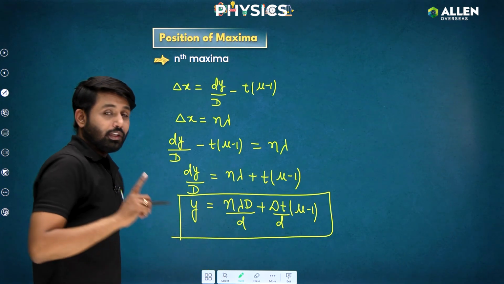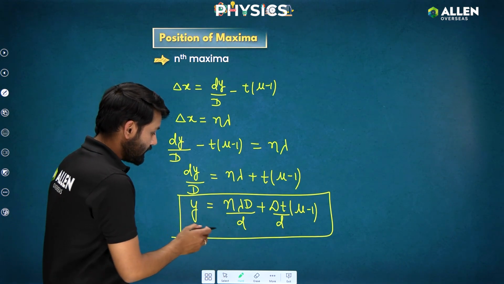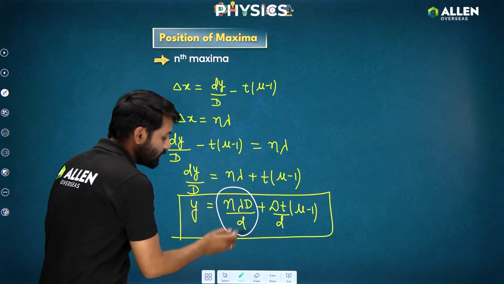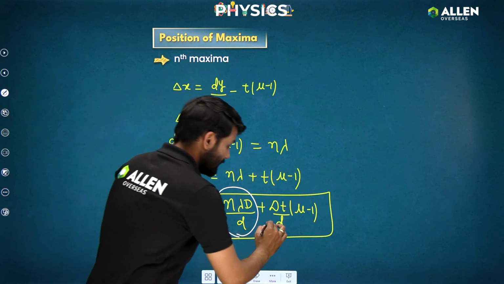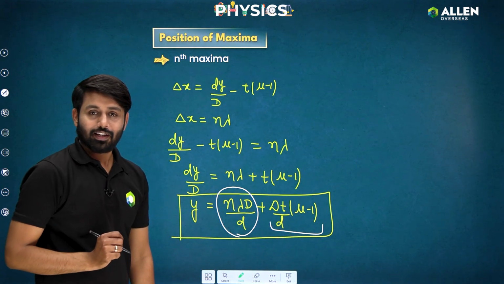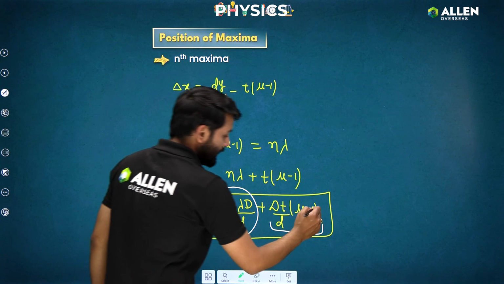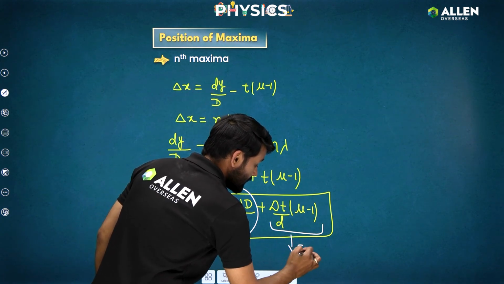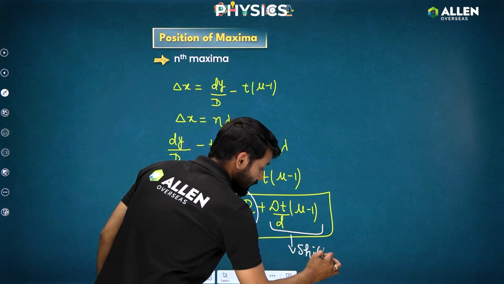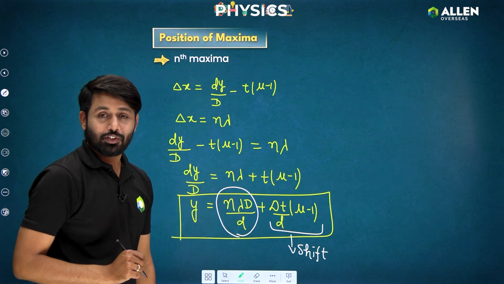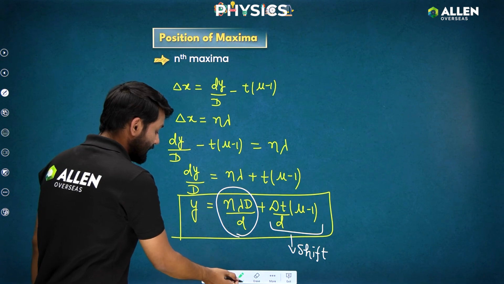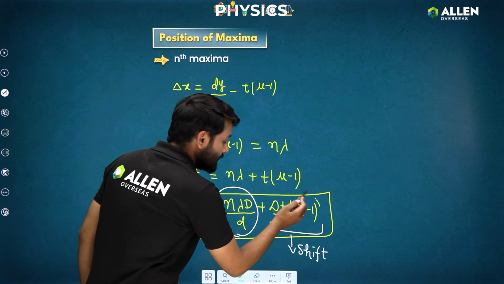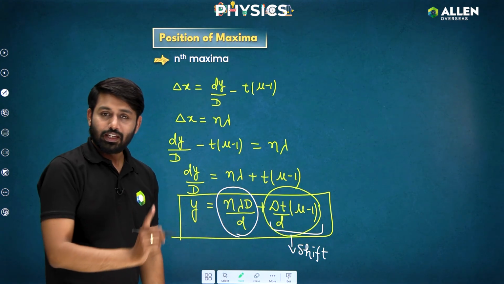You can say, sir, in the normal case, this was the position of our nth maxima. But here, this term you are adding extra. So this is our shift of maxima due to the insertion of glass slab. So your whole pattern will shift by this value. Okay, so it is only shifting.